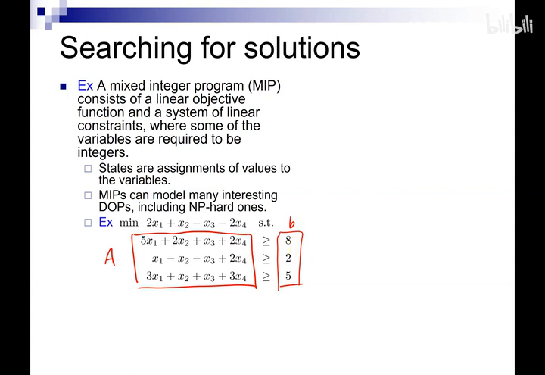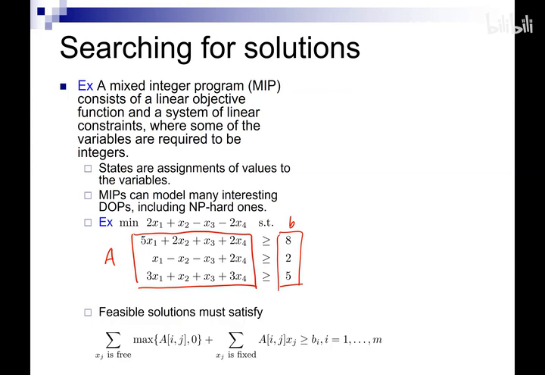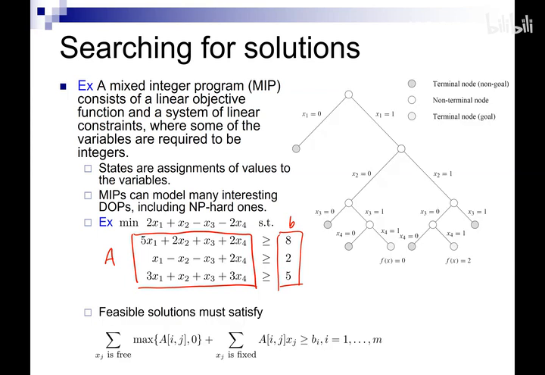The way we're going to model this problem is that the states of this problem are going to be assignments of values to the variables. In fact, for simplicity, let's assume that all of these variables are required to be integers, so we don't allow any real-valued variables. We only have integer variables. And furthermore, let's say that these variables have to be either 0 or 1.